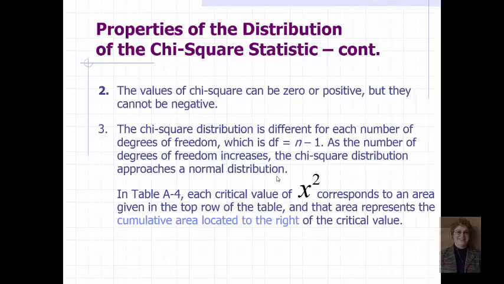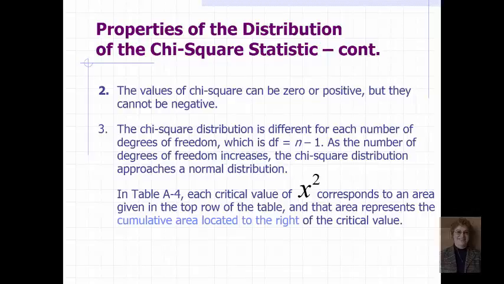In Table A4, that's on your yellow sheet, or that is in the back of your book, you can find the area to the right of a certain chi-squared value.